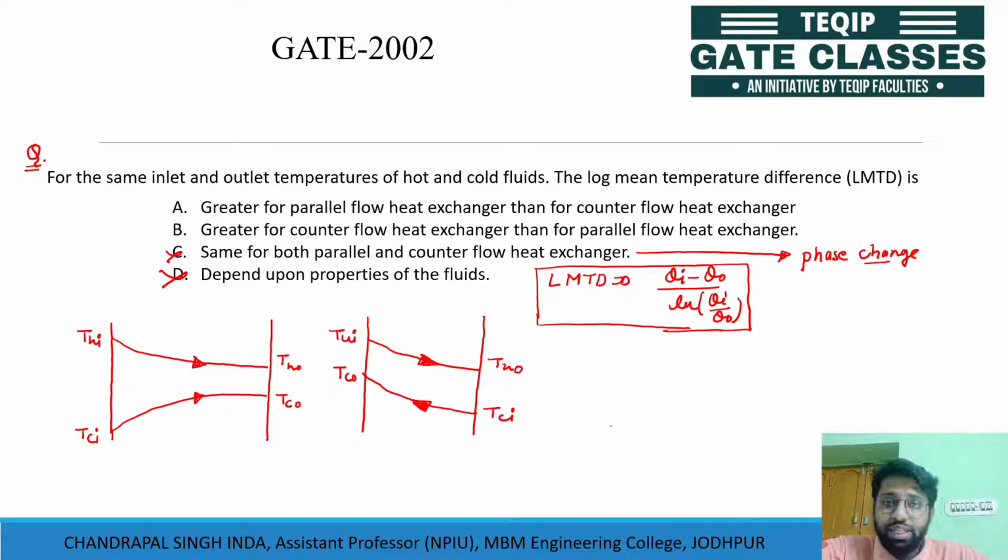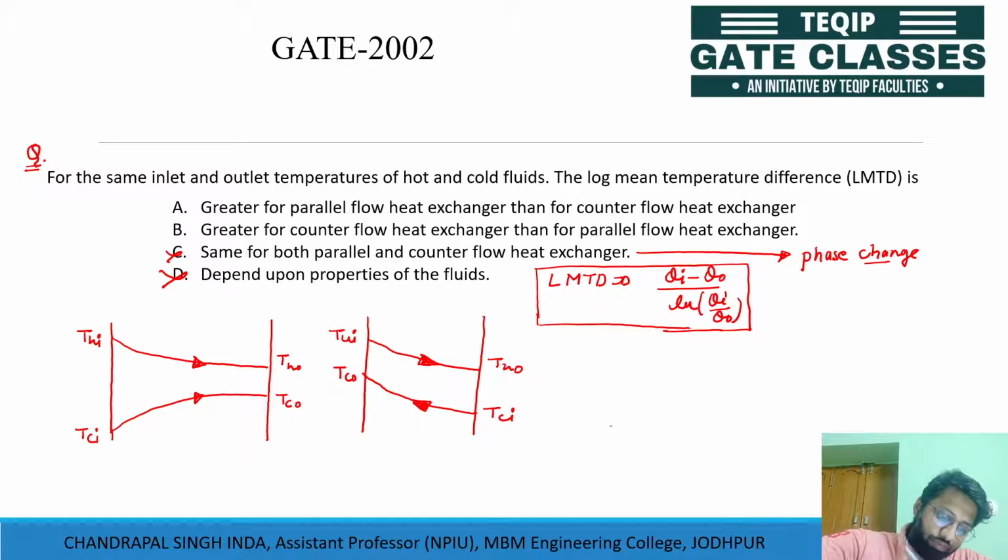So the variation in temperature is quite noticeable as compared to the counter flow heat exchanger. Hence, the entropy of the universe increases in the case of the parallel flow heat exchanger. Therefore, the value of LMTD for the parallel flow heat exchanger is lesser than the counter flow heat exchanger, as there is more entropy generation and it is quite irreversible compared with the counter flow heat exchanger.